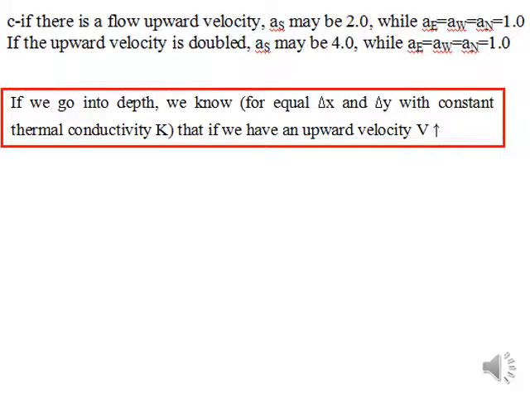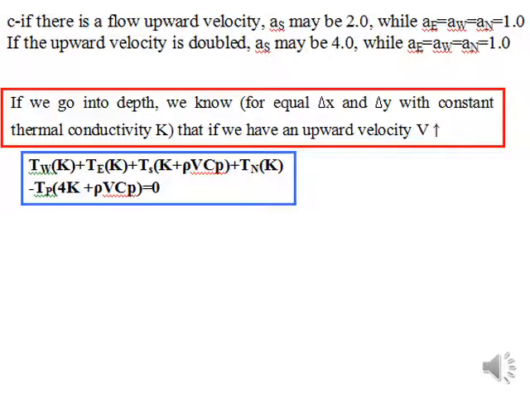But I want you to think in detail that if we go into depth, and we know for equal delta X and delta Y and constant thermal conductivity, if we have an upward velocity V, let's look at the original governing equation. We have the temperatures multiplied by the conductivity K. So TW is multiplied by K, TE is multiplied by K, TS is multiplied by K, plus the additional contribution of the convection, which is the mass flux, the term that carries the thermal energy.